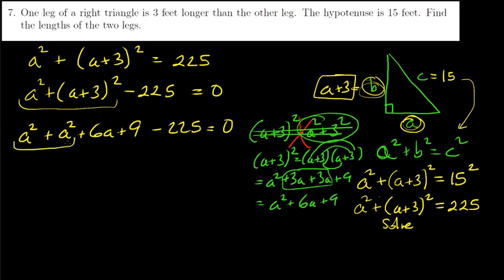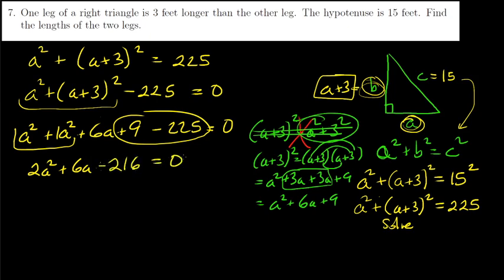Well, a squared plus a squared is 1a squared plus 1a squared, which is 2a squared. And 9 minus 225 is going to be, oh, it's going to be negative. Sorry. We'll erase the positive here. It's going to be negative 216, I think. Yep. So now we have our equation in standard form.